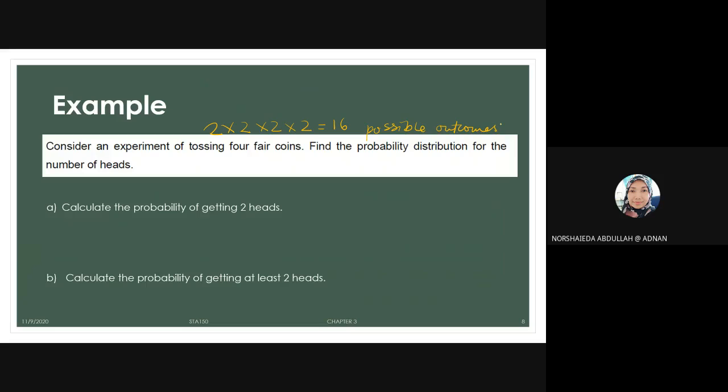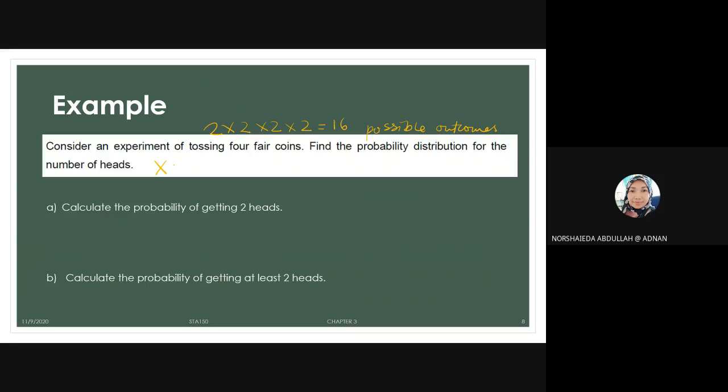Because we toss 4 coins. Find the probability distribution for the number of head. So the variable that we want to consider here, let's call it x. The random variable we denote as a capital letter. You can use any letter, A, B, C, D, E. Let's say I use x.